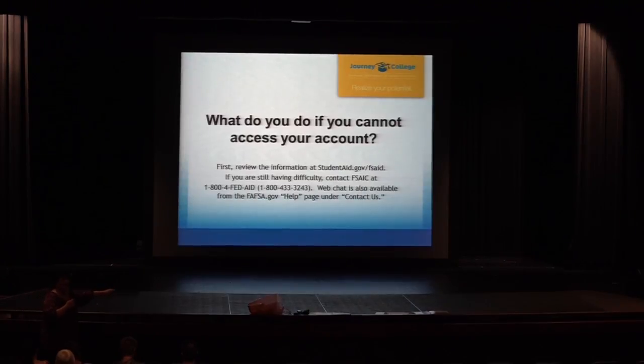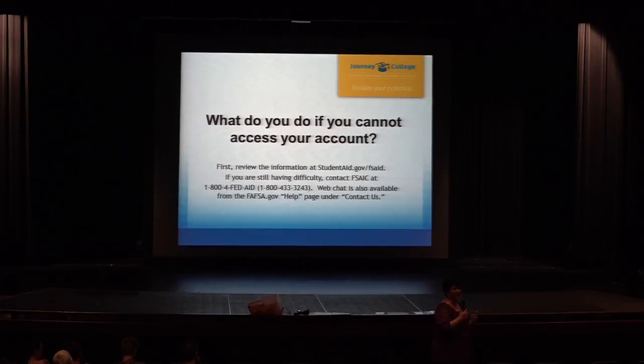It's 1-800-4-FED-AID. They also have, under the help page in the FAFSA.gov, a contact us where you can actually chat online with someone if you have to do that. But from everything that I've heard, it's very hard to get access back into that account.